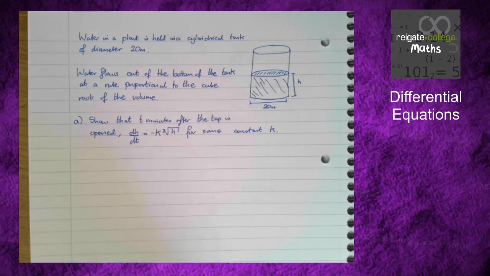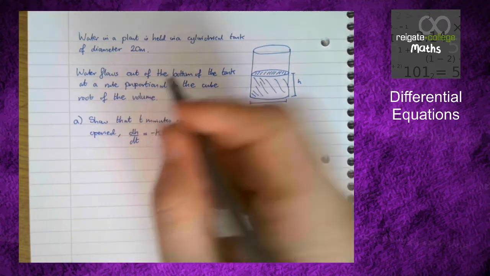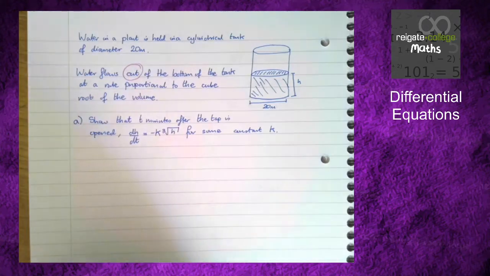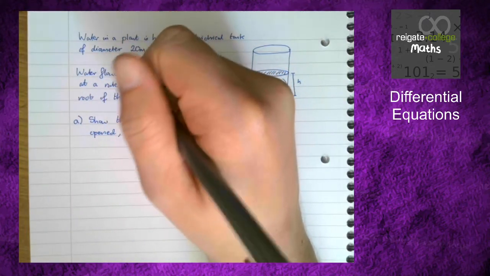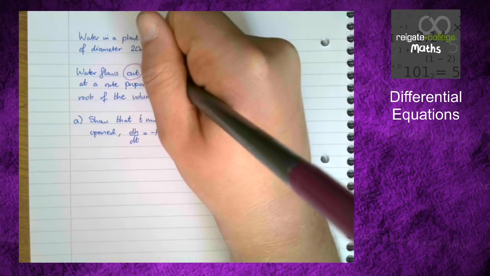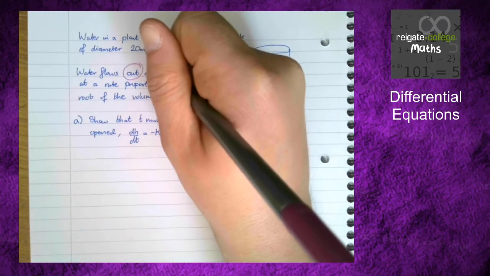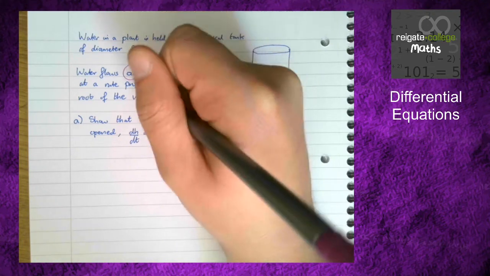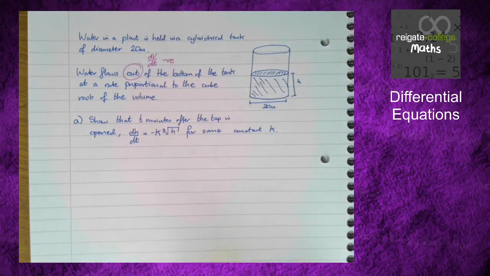So this is the forming the differential equation side of things that we looked at. Let's have a look at the question itself, because this is the key thing. Water flows out, which means that the water is flowing, so our rate of change of volume is going to be negative because the volume is going down.